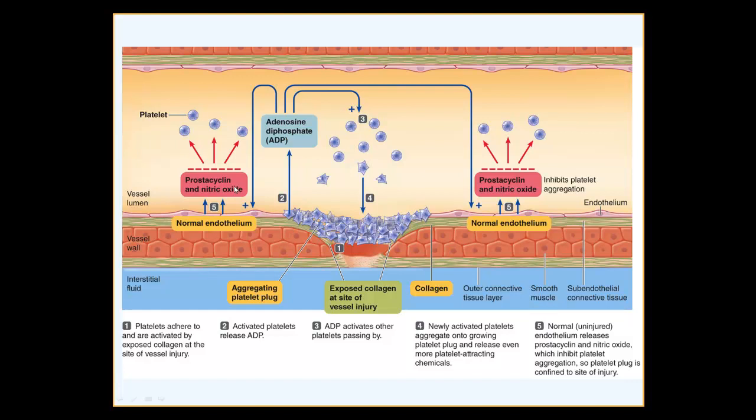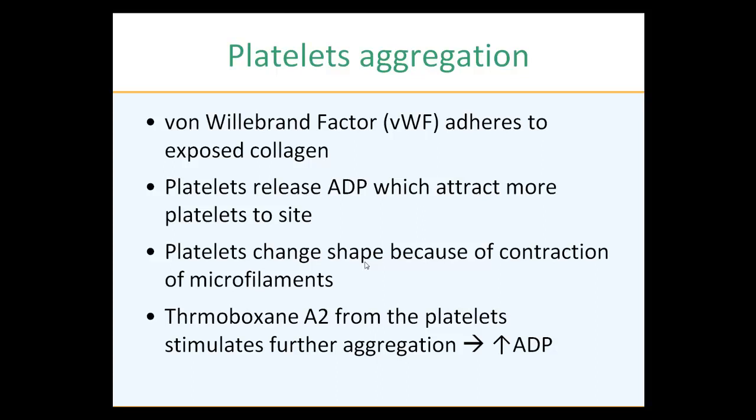So prostacyclin and nitric oxide are products from the normal endothelium, and they are meant to repel and prevent the aggregation of platelets to the normal part, whereas they only aggregate to the damaged part. That's a very important part to remember here.